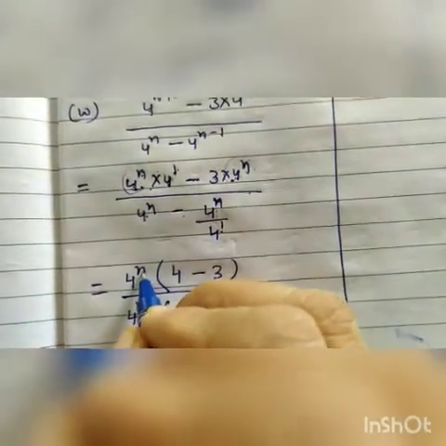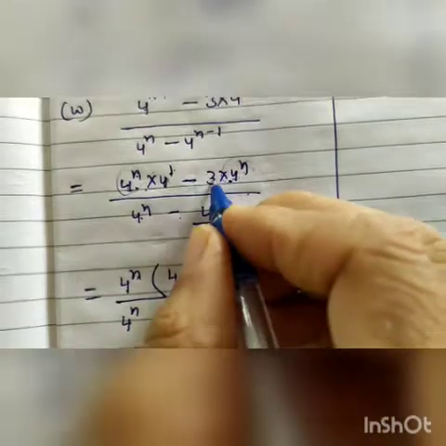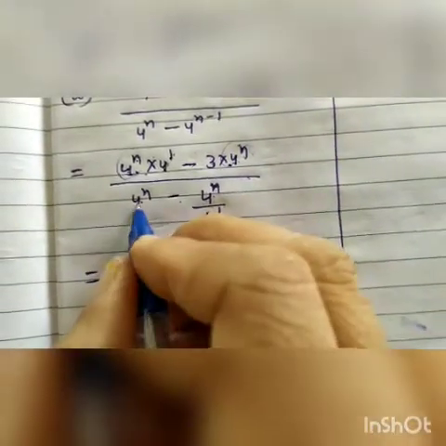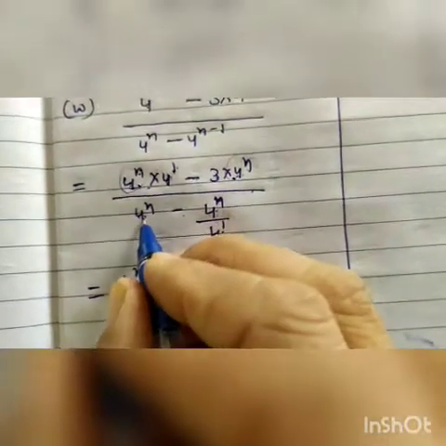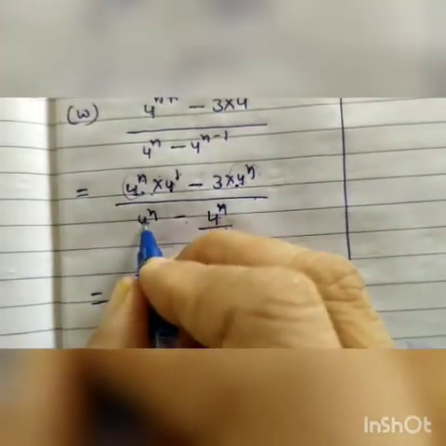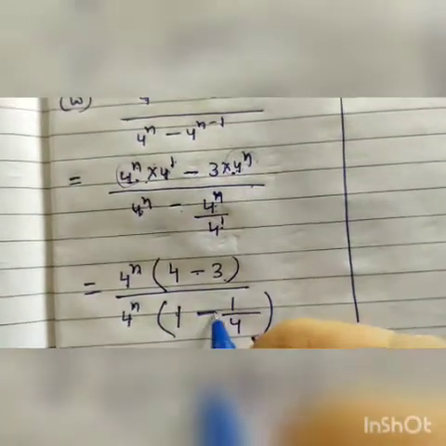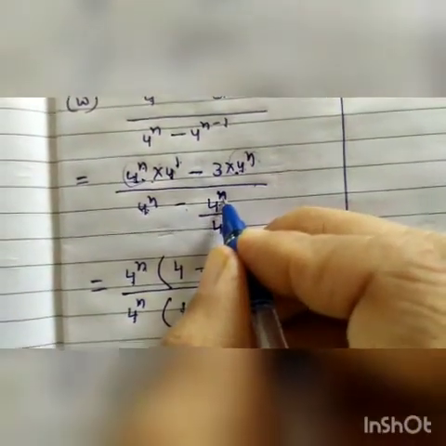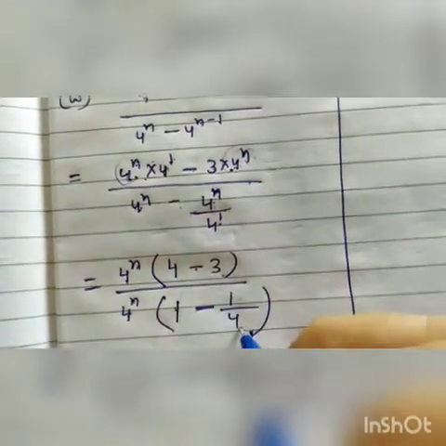So 4 power n, 4 power 1 left here, minus 3 from here. Again take 4 power n common from here, then 1 left from here. When we divide this 4 power n by 4 power n, we get 1 minus, again 4 power n divided by 4 power n 1 upon this 4 power 1 means 4.